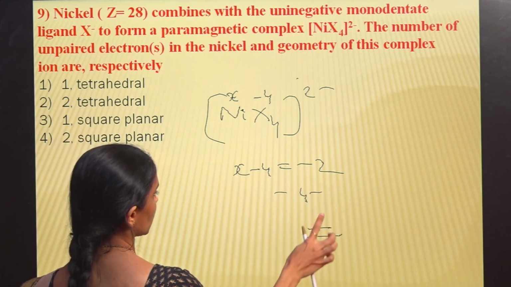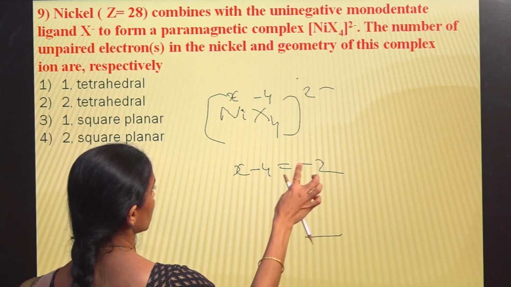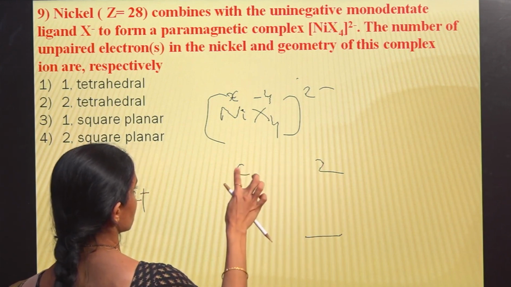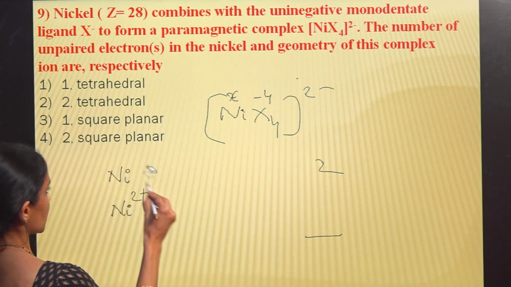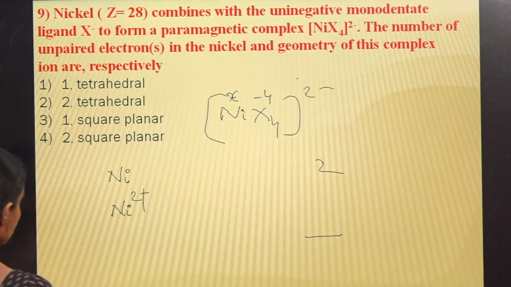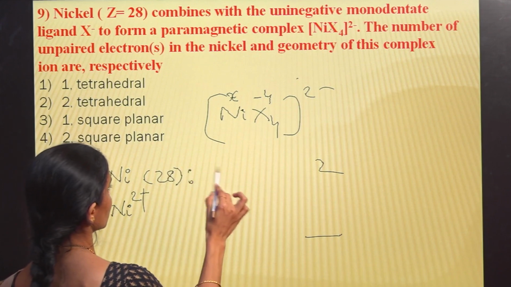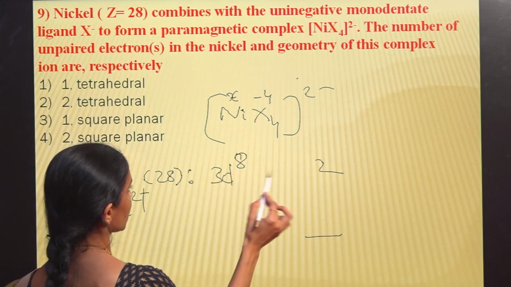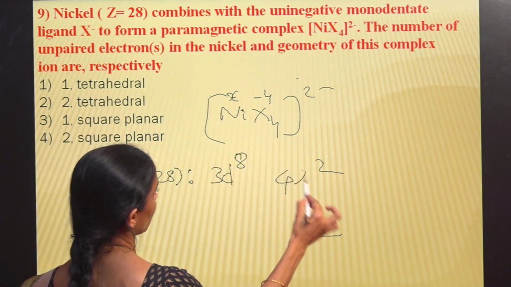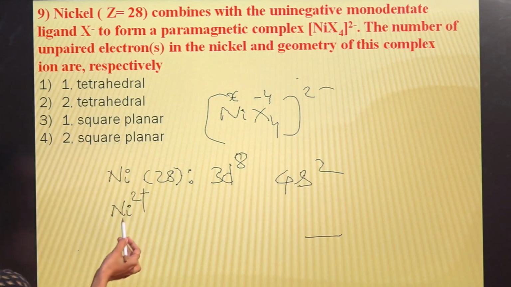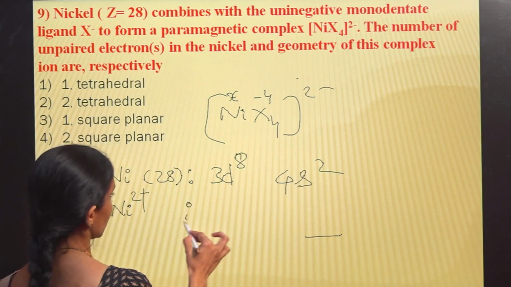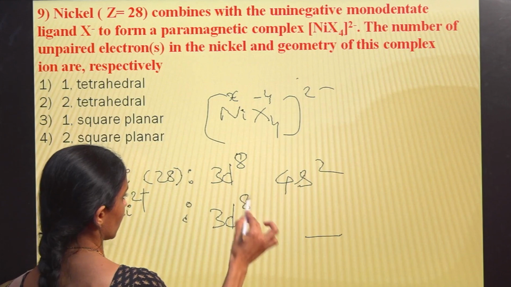Now, what is the configuration of Ni2 plus? Nickel is 28. So configuration is 3d8 4s2. Ni2 plus will be just 3d8.